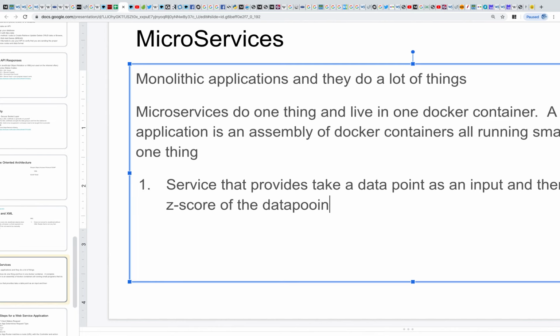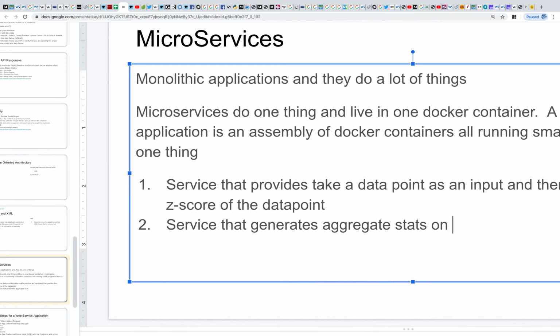And that would be one complete application. Then you would have another one, which would be a service that generates aggregate statistics on the data set. And then you might have another service that displays the application logs.